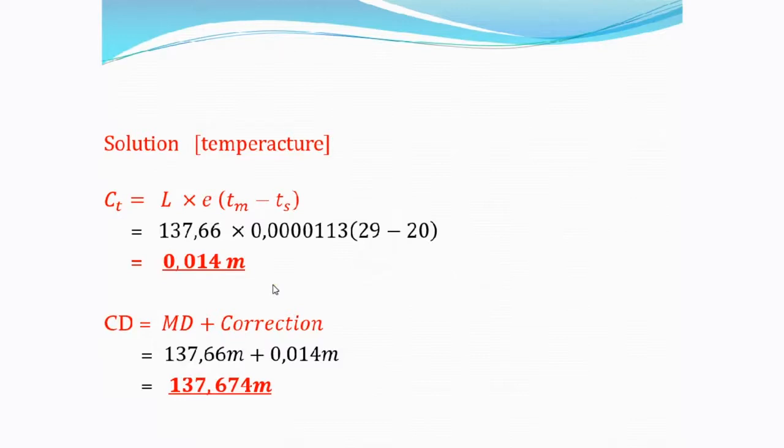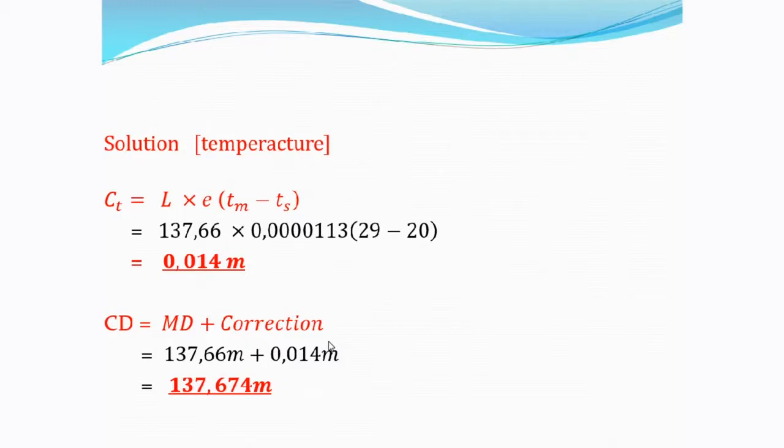We did our measurement at 29 degrees Celsius minus our standard temperature of the tape, which is 20 degrees Celsius. And our answer here is 0.0114 meters. Remember, this is a correction due to temperature.